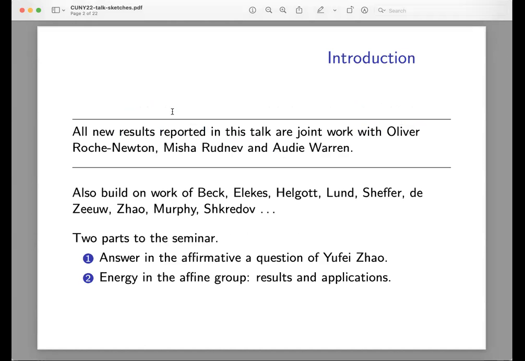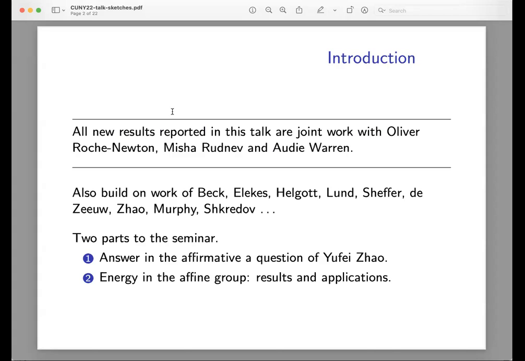Everything I will say that is new, because some of the things are actually pretty old, is joint work with Oli Roche-Newton, Misha Rudnev, and Audie Warren. I will make sure to repeat those names when I state a theorem.